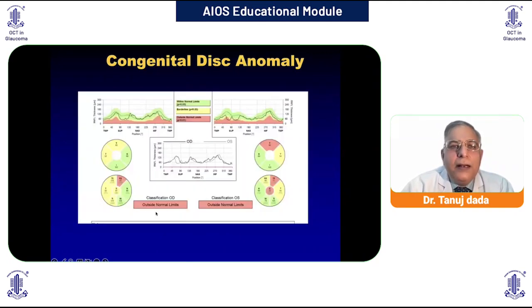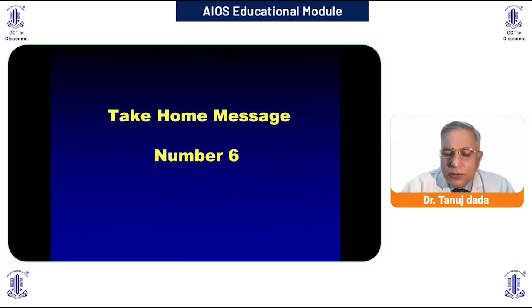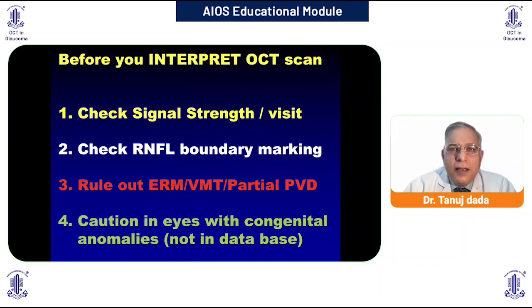So the next take-home message is that before you interpret the OCT scan, check the signal strength at each visit. Make sure there is no cataract, no posterior capsule opacification, no dry eye. Always check on the OCT screen monitor where is the boundary marking of the retinal nerve fiber. Is this correct or not?